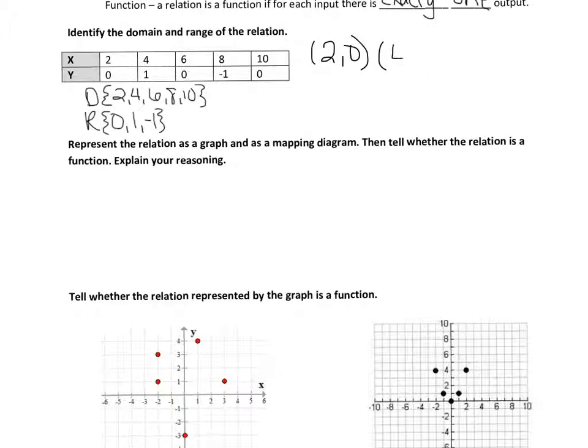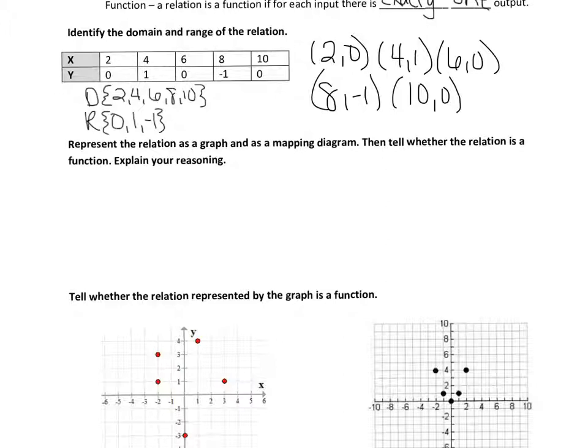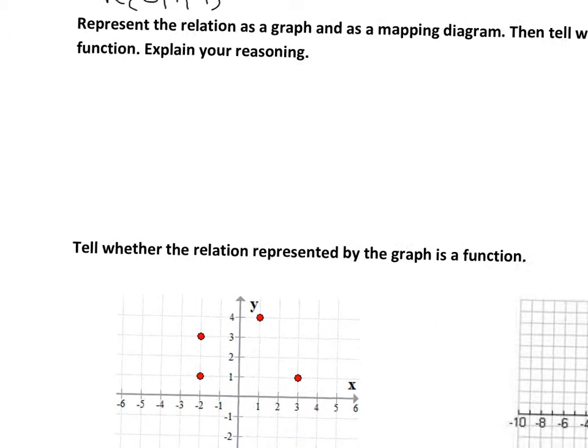I have 4, 1, 6, 0, 8, negative 1, and 10, 0. I have 5 ordered pairs there. So we are going to represent these ordered pairs on a graph. My x values range from 2 to 10, so 2, 4, 6, 8, 10.